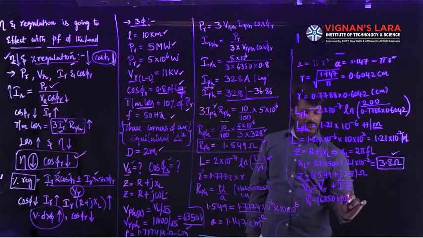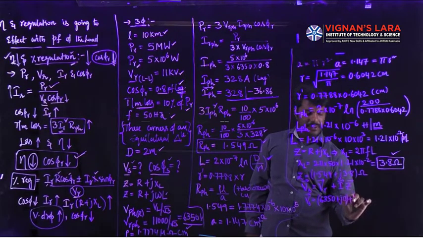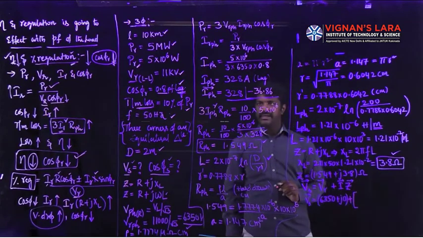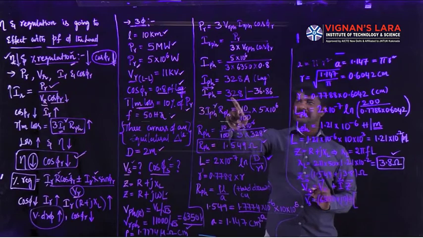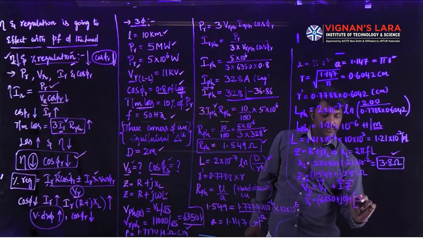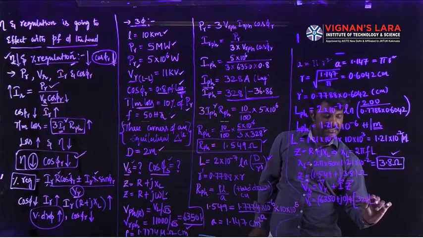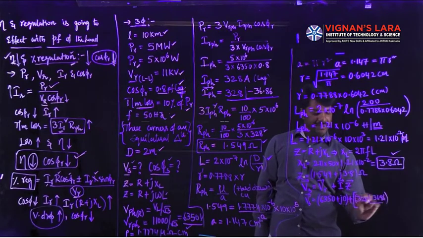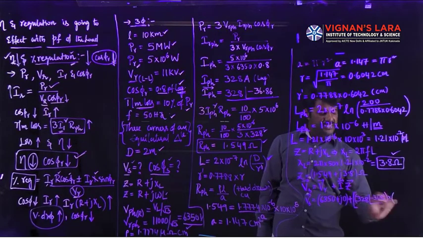This is VR voltage plus the product of the current and impedance. Let me know the value of the current. This is the current. What is it? 328 amperes, which is lagging in nature, at minus 36.86 degrees, is to be multiplied with the impedance of this transmission line.